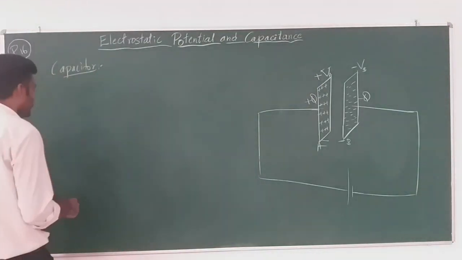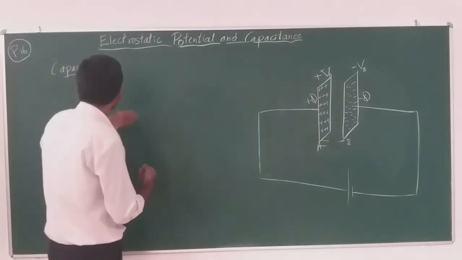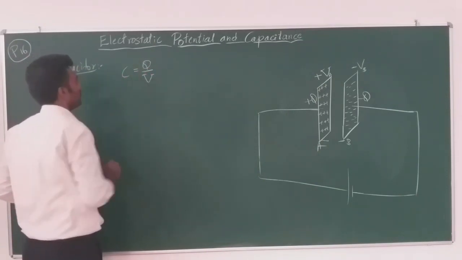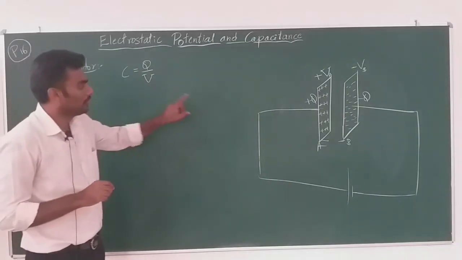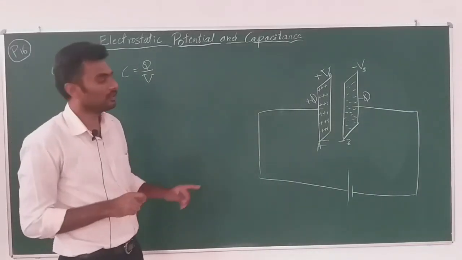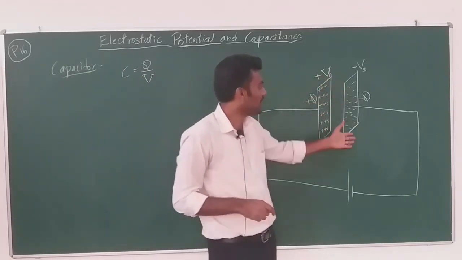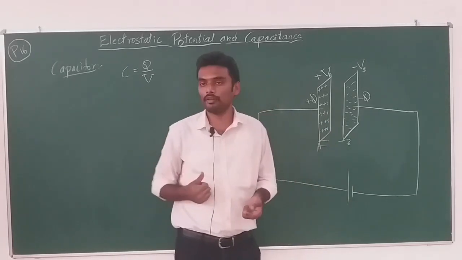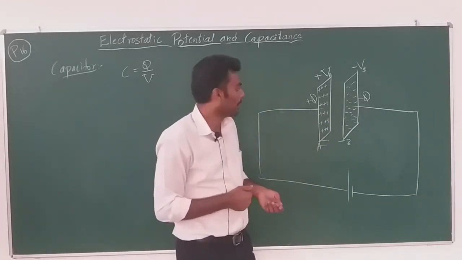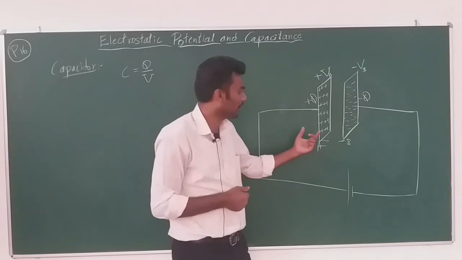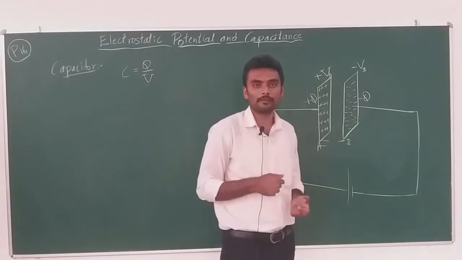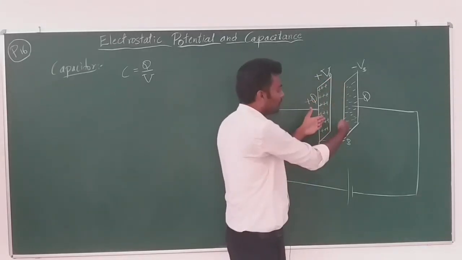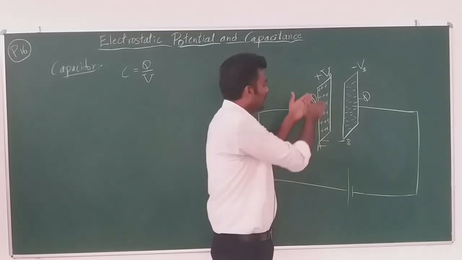The base expression that we'll be choosing is what we had, C is equal to Q by V. And the expression of electric field due to the charge accumulated on the parallel plates will give us the help to derive the expression for C. So here you have plus Q charge accumulated and here you have minus Q charge accumulated.